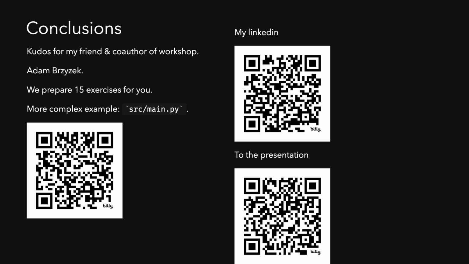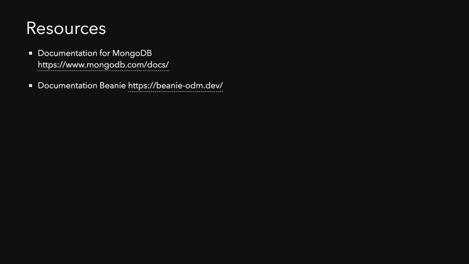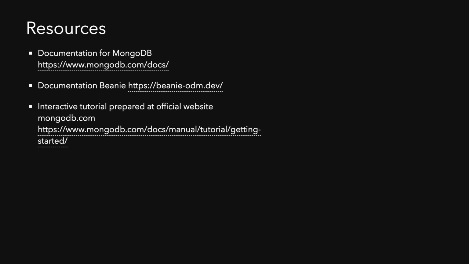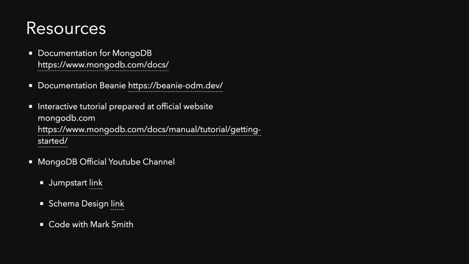Okay, resources. I have a lot of links, guys. Let's go. Documentation for MongoDB. This is basic stuff to use, of course. Then documentation for Beanie. Then of course a very good interactive tutorial prepared on the official website mongodb.com. Try it. And next, the MongoDB official YouTube channel.